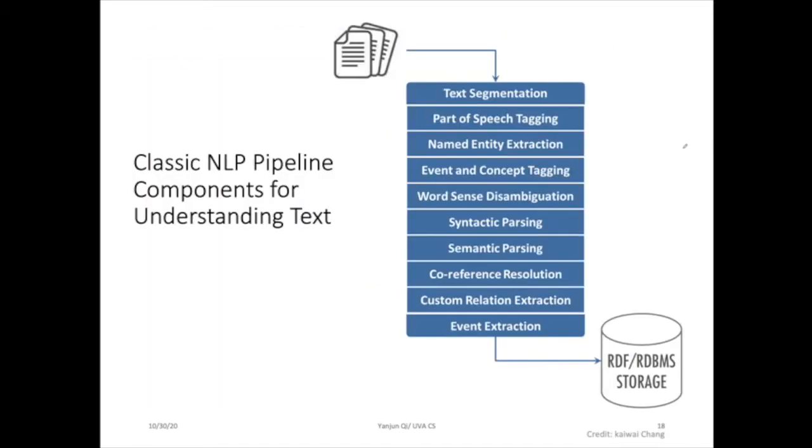A classic NLP pipeline includes a stack of components: text segmentation, part of speech tagging, named entity recognition and extraction, concept tagging, word sense disambiguation, syntactic parsing, semantic parsing, coreference, relationship extraction or event extraction, and then converting this into some kind of relational database type of storage. So this is a pretty classic NLP pipeline.